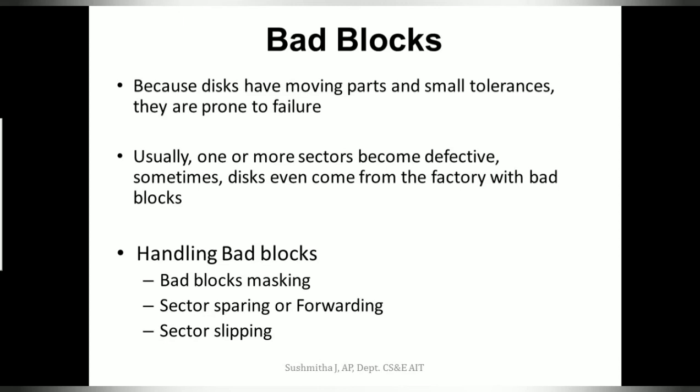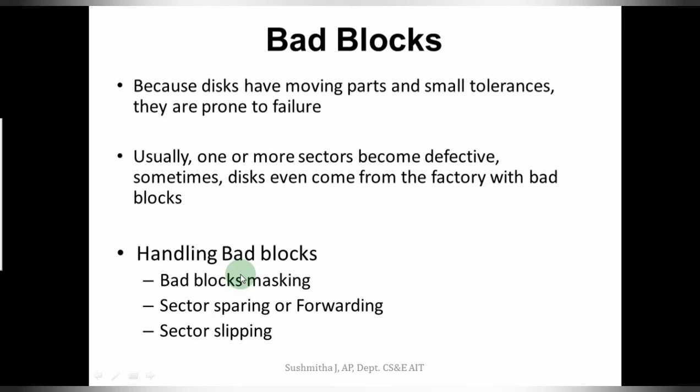If a block goes bad during normal operation, then a special program should be run manually to search for the bad blocks and lock them. So that is where we are masking the bad blocks, so the file system does not access them.